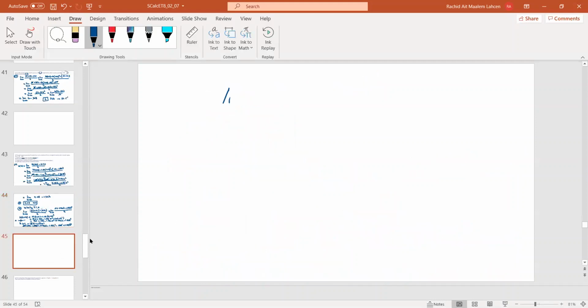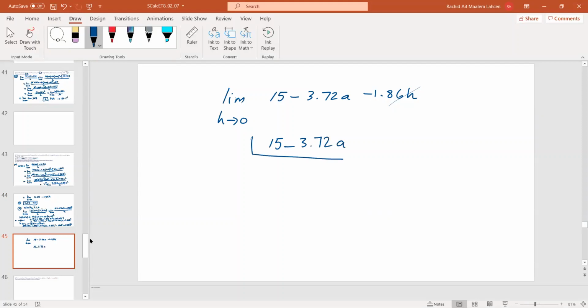And we get the limit of 15 minus 3.72a minus 1.86h, and now with direct substitution this will become 0, so 15 minus 3.72a. So that's the answer for B, which is the velocity of the rock when t equals a, and of course in meters per second.